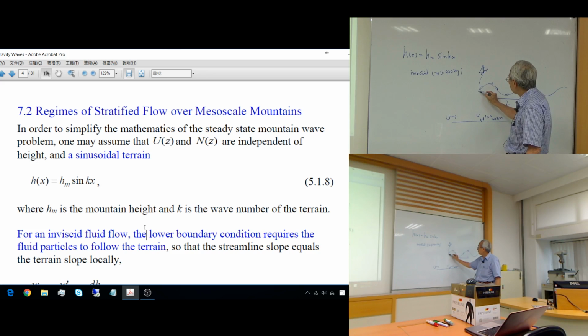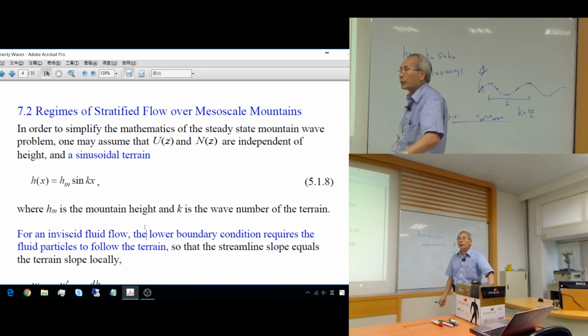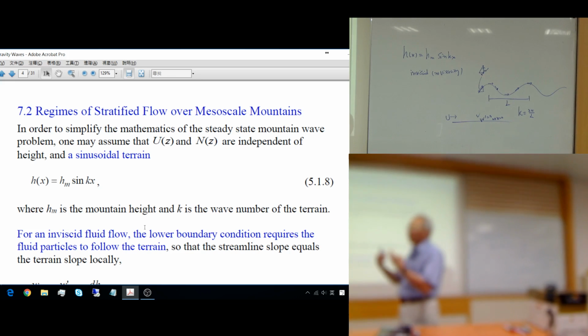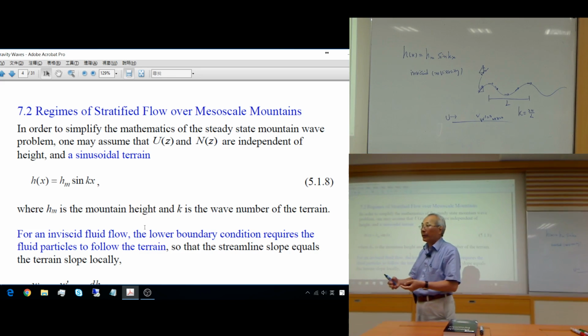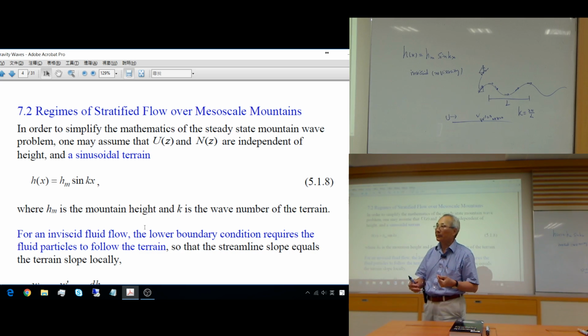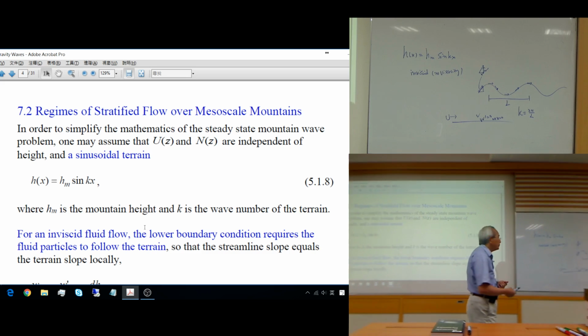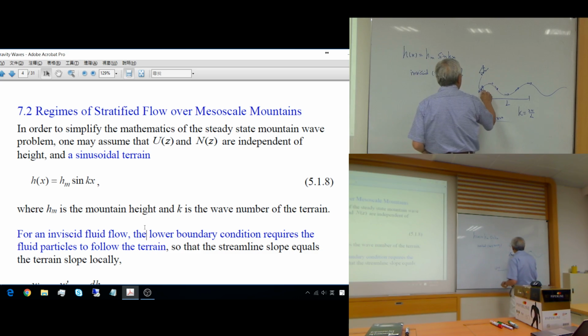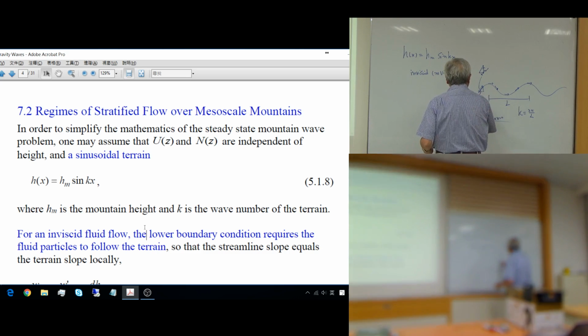It's the mountain slope. How do you express the mountain slope mathematically?